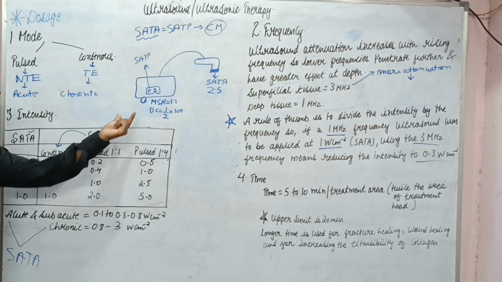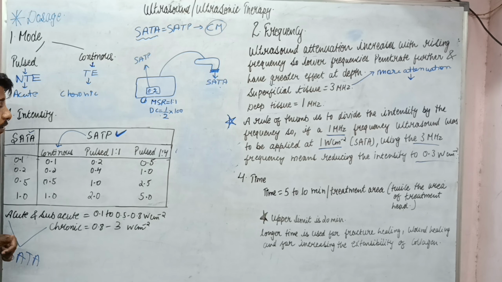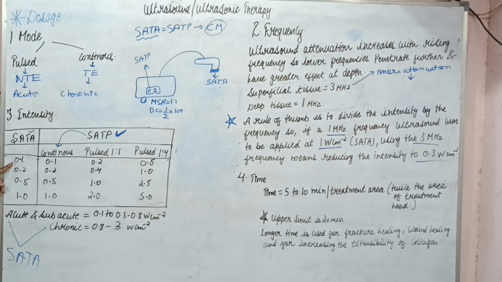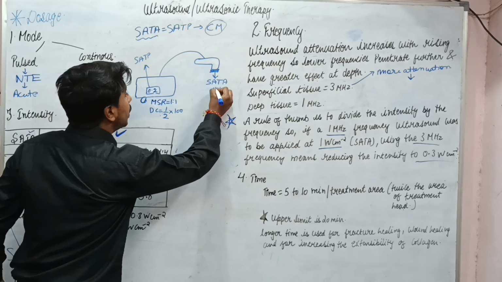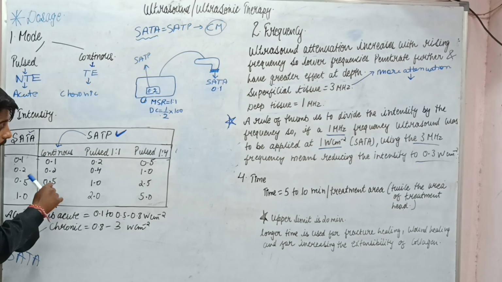So this is SATP what I am increasing. So what will I get from the transducer head? You can see I have given 0.2, but from the transducer head only 0.1 will be emitted. 0.1.